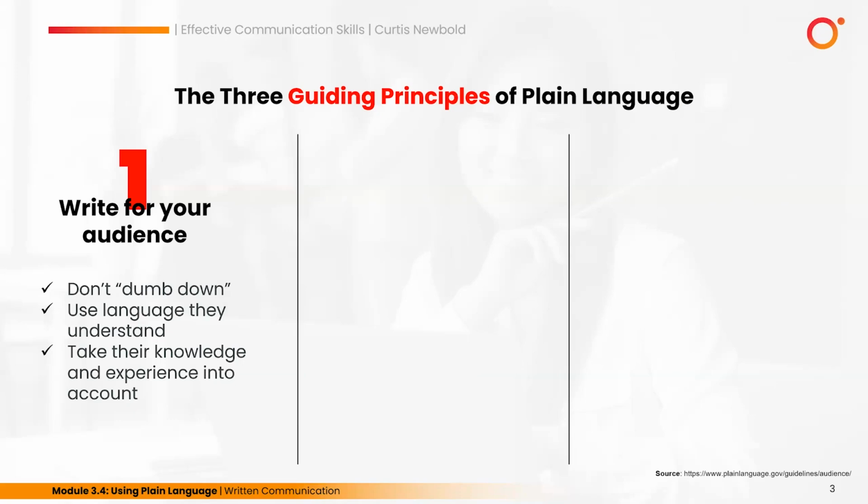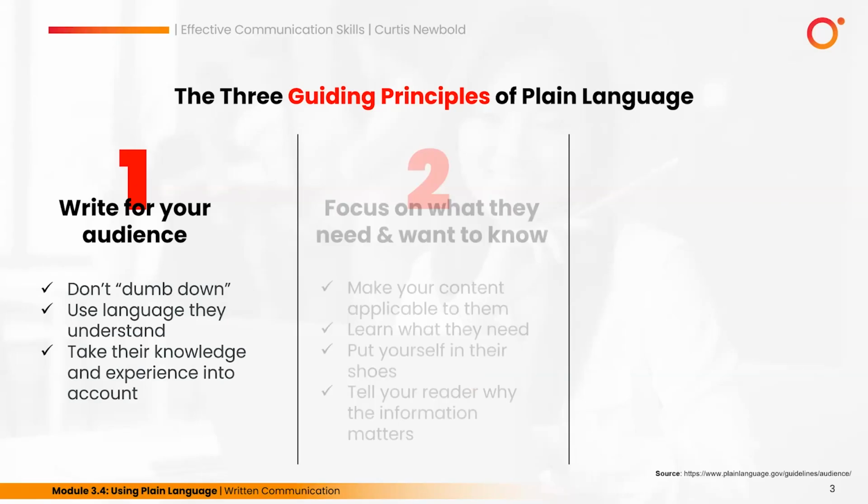If they are PhDs that use a very certain type of sophisticated language and terminology, great, you can use that for them. If they don't have as much experience in reading, maybe a lower education level, or if they just work in a different field or area, then you adapt your language to them. Regardless, we're writing for our audience and for their needs.